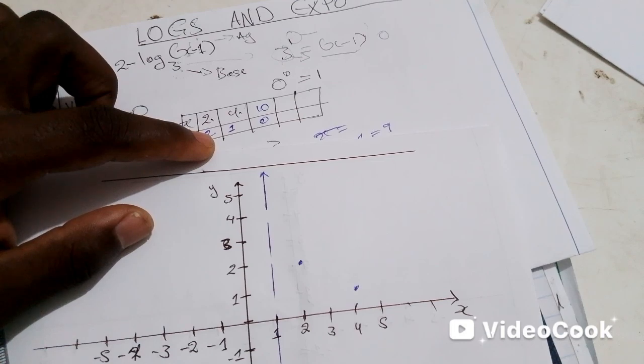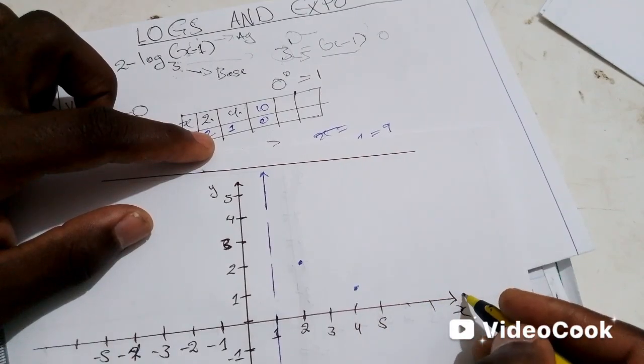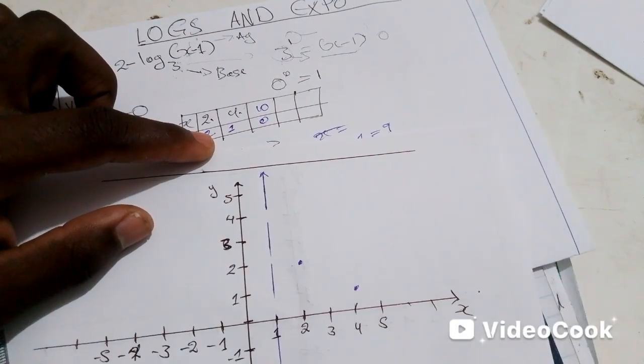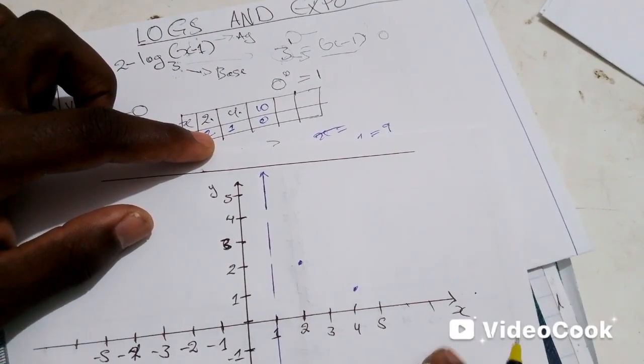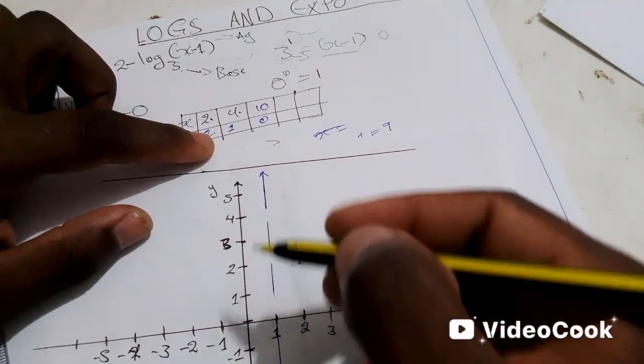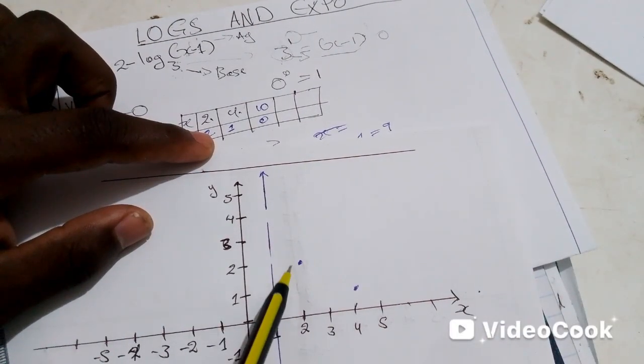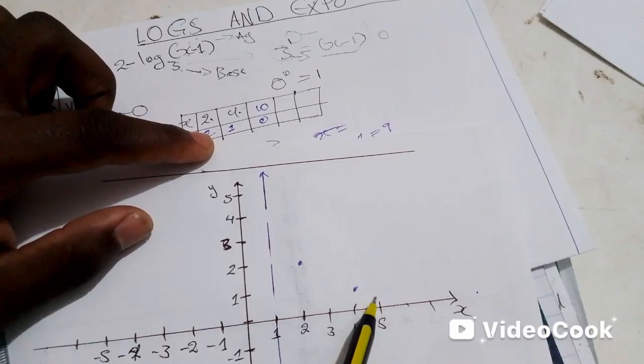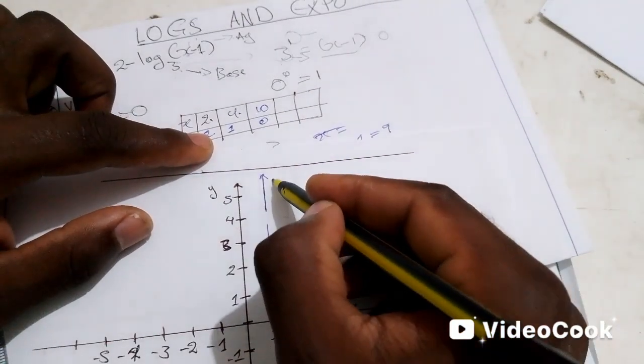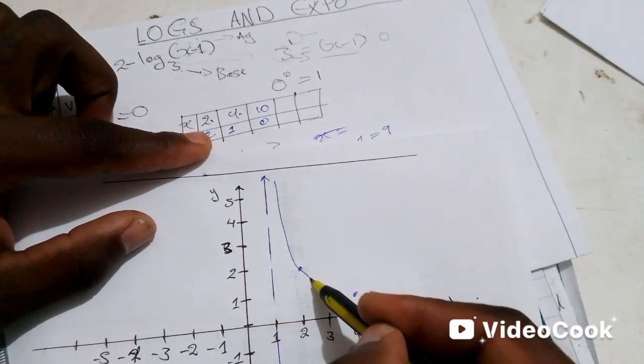And then we included 10, 0. 10, 0 should be somewhere this side, which I never included. So how do you go about this? As you can see, as it's going, this one is closer to the graph and this one is at least a part. That means it's showing us that the pattern is going like this.